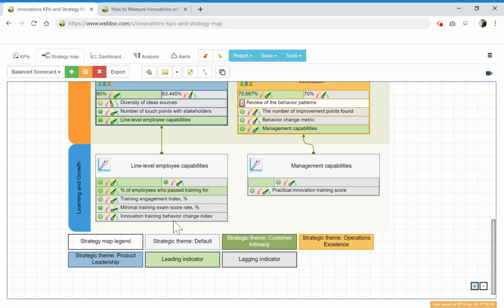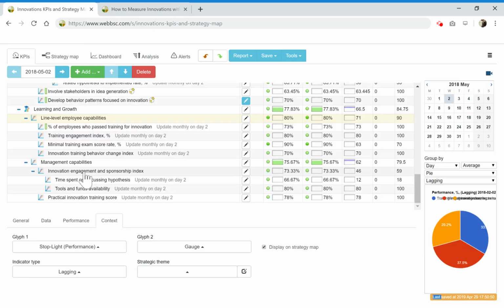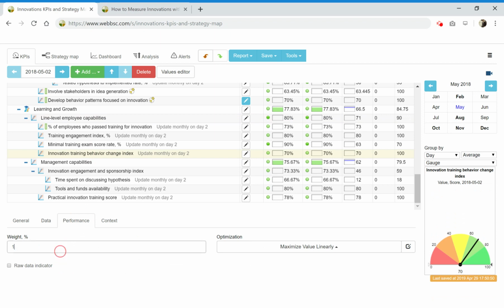And the training is supposed to promote certain ways of doing things. And after some time, you can track if your team actually changed the way they're doing things, changed the way they're innovating. So that's the most important metric. Probably in this indicator, it makes sense to separate the weights, assigning the weight in this way.